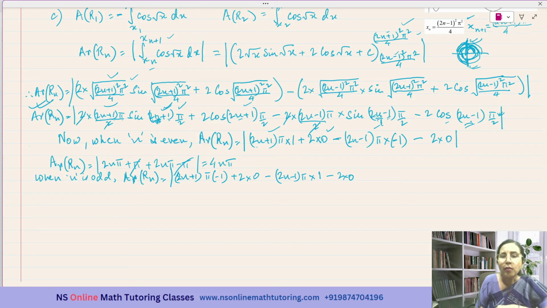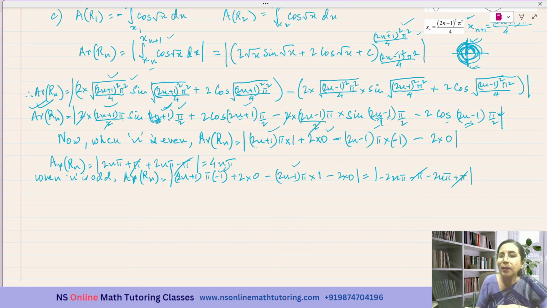And the last one is 0. 2 times 0. So this is equal to 2. There is this negative sign, so it is negative 2nπ and negative π, and this portion is negative 2nπ and positive π.